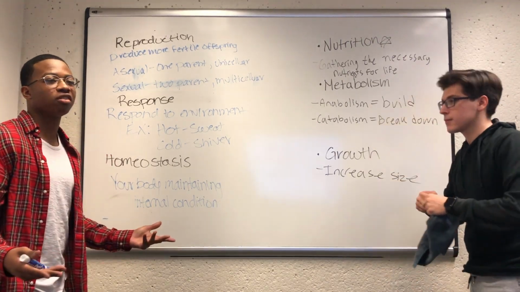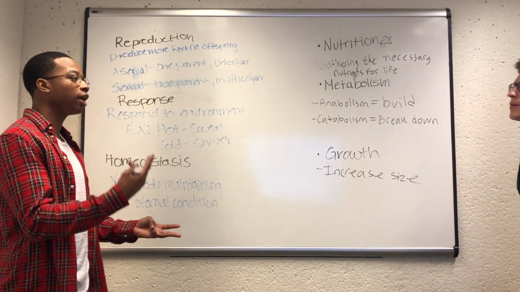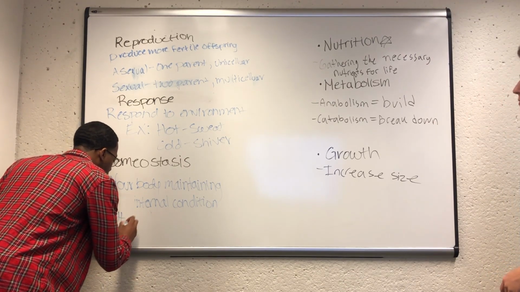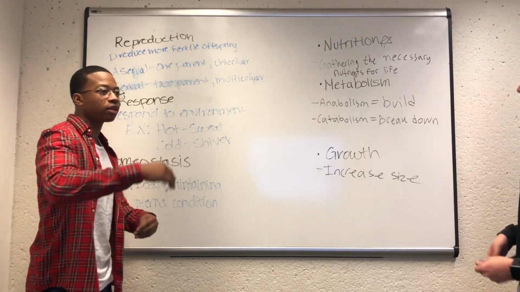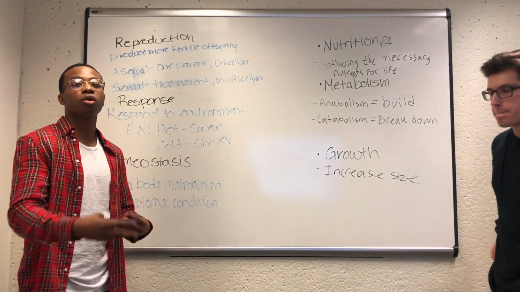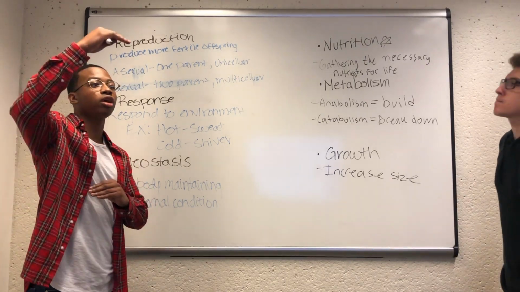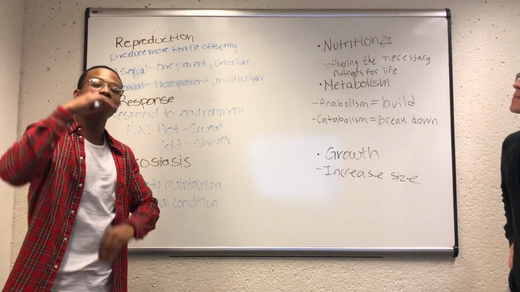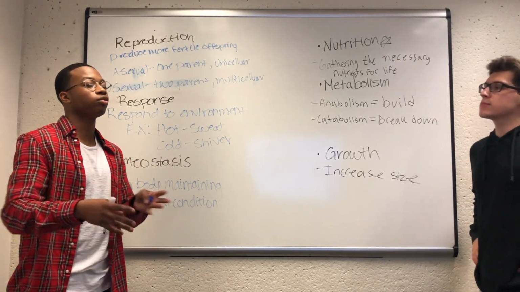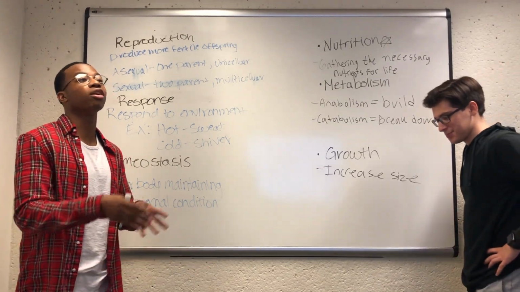I'm sorry I forgot to mention this, but things that go with homeostasis are temperature, pH, and solute concentration. Your body stays at a certain pH, a certain temperature, and gets a certain amount of solute concentration to function. If at any point those increase or decrease below the equilibrium, then your body can go out of whack, which can lead to death or get you very sick.